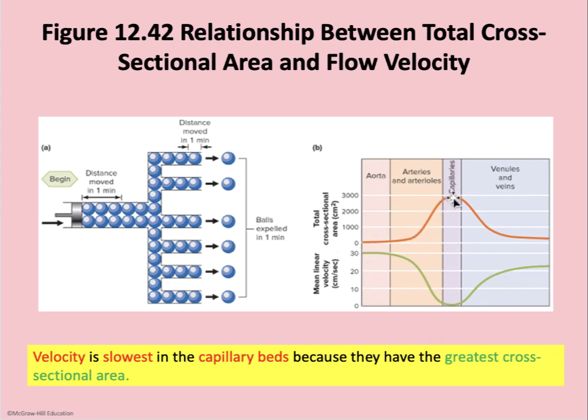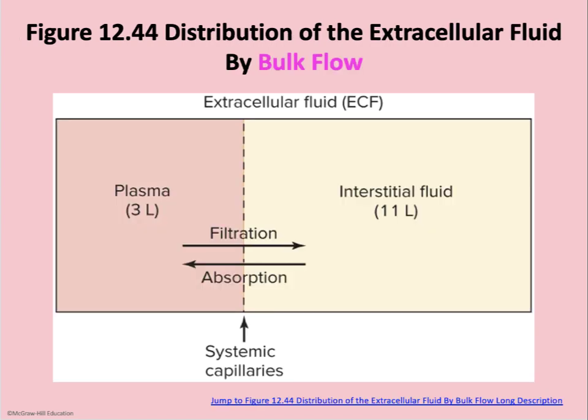The red line is the cross-sectional surface area of those particular blood vessels, and again, capillaries are the largest. The green line is the velocity of blood taken as a whole passing through those localities. So blood flows the slowest through capillary beds before picking up speed as it merges into venules and veins.